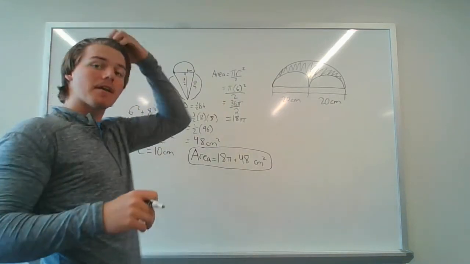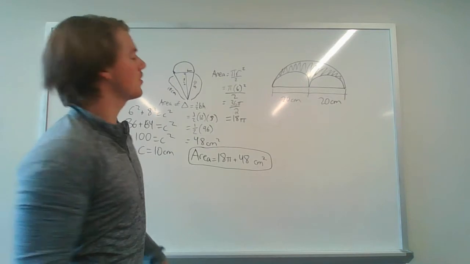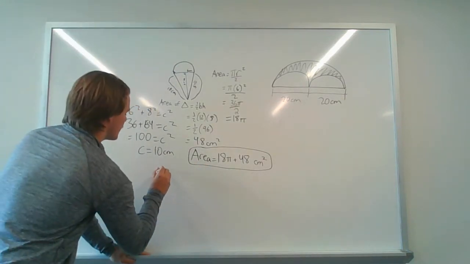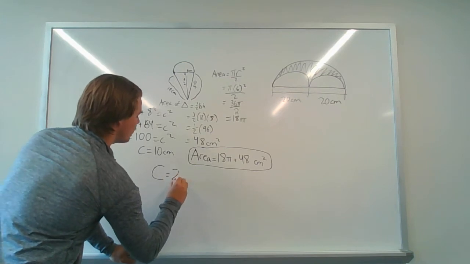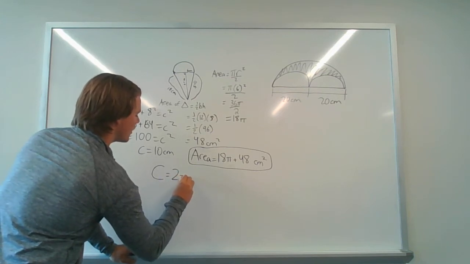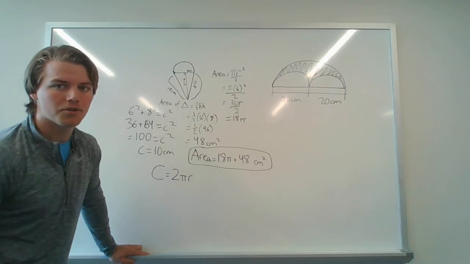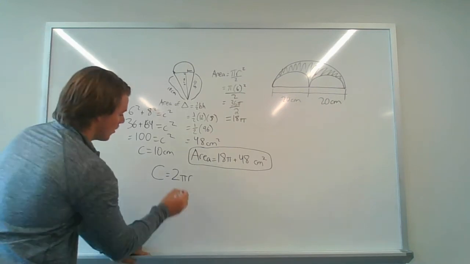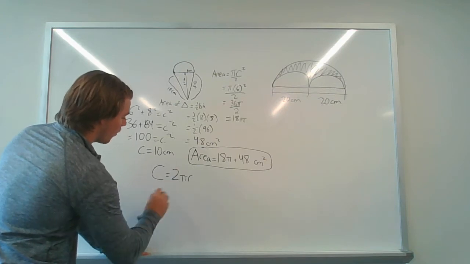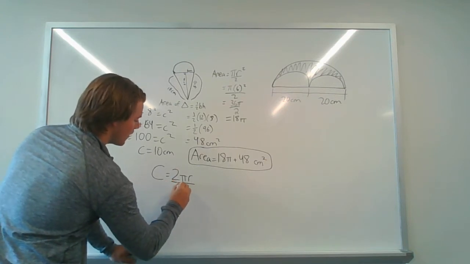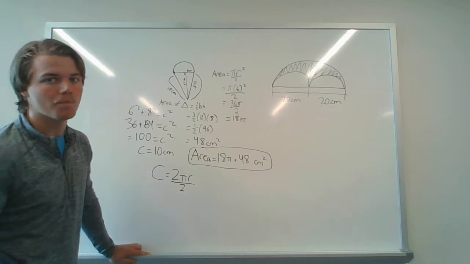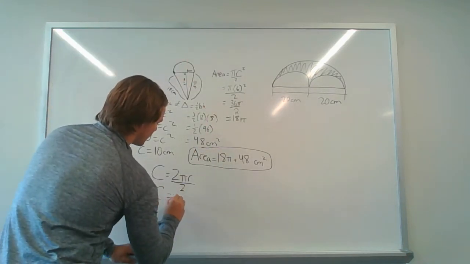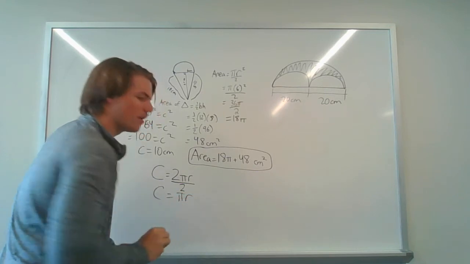So now we've got to find the circumference of the circle. The circumference is 2 pi r, which in other terms could be pi times the diameter. But that's for a whole circle. For just half a circle, we're going to divide it by 2, because we've only got to worry about that. So we get circumference equals pi r.